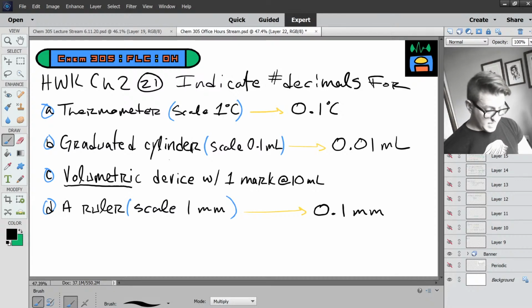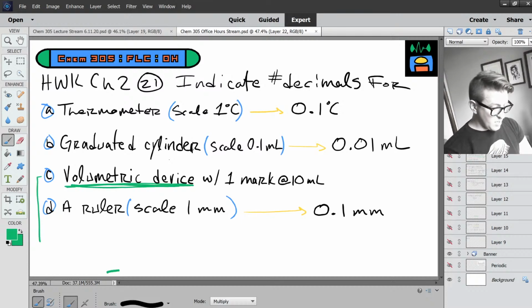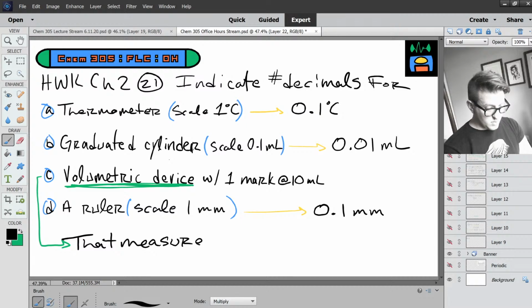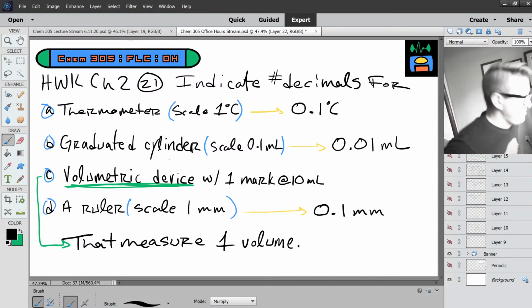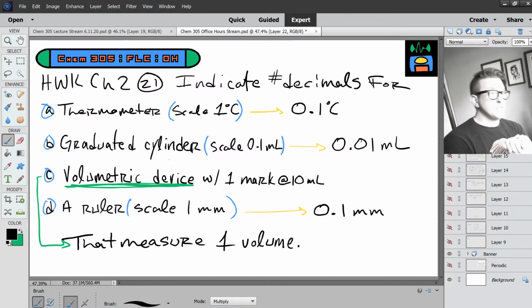Now, we haven't encountered these yet. Volumetric devices are instruments that measure one volume. So if you used a 10 milliliter volumetric pipette or flask, it only measures 10 milliliters.